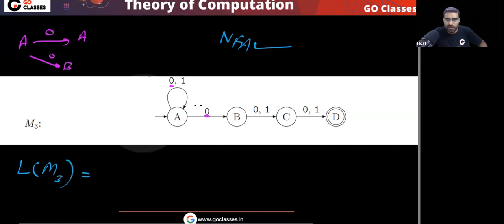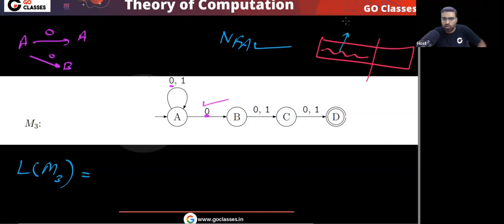It is, I can say, the third symbol from right is 0. Yes or no? Anything can come here, 0 or 1, 0 or 1, any string. And then 0 should come, and then two symbols should come, 0 or 1.